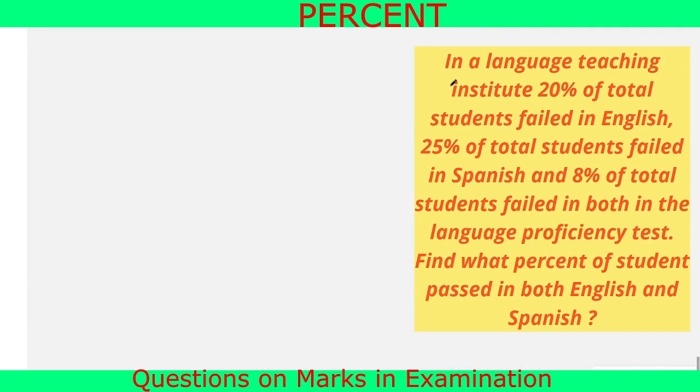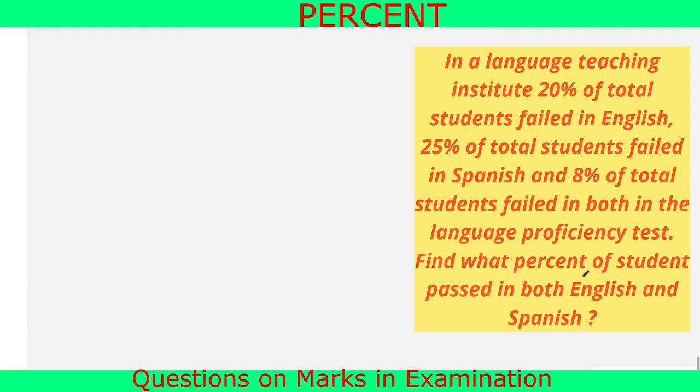Our next question is, in a language teaching institute, 20% of total students failed in English, 25% of total students failed in Spanish, and 8% of total students failed in both in the language proficiency test.